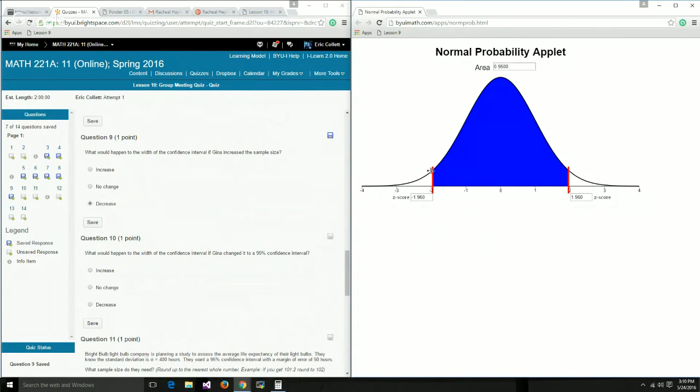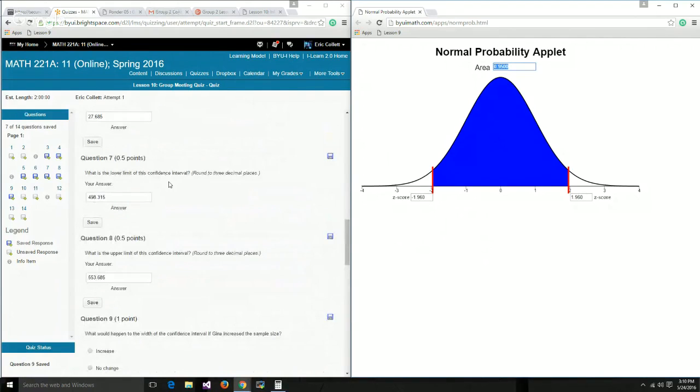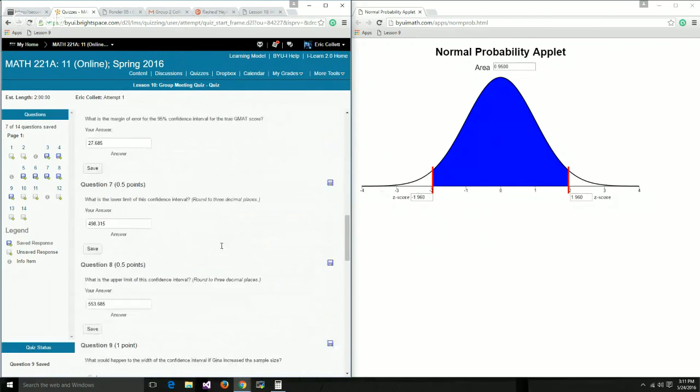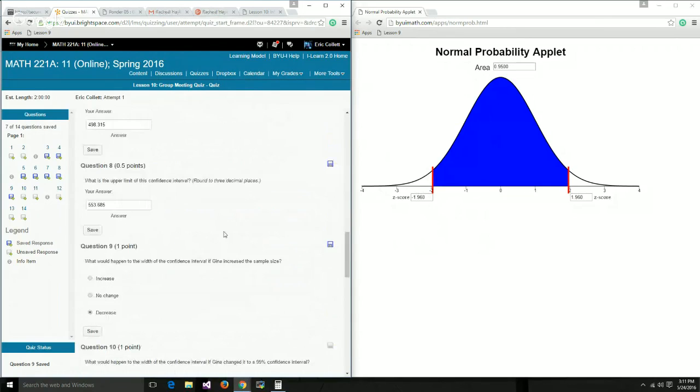Gotcha. So it's still the same. So this is still a 95% confidence interval, but this z-score would correspond to, instead of 27.685, it would just be like a 20 point something. Yep, exactly. And so this would still be two standard deviations of 95%.